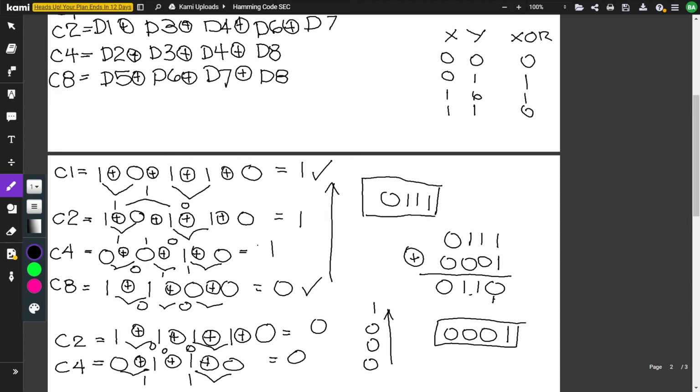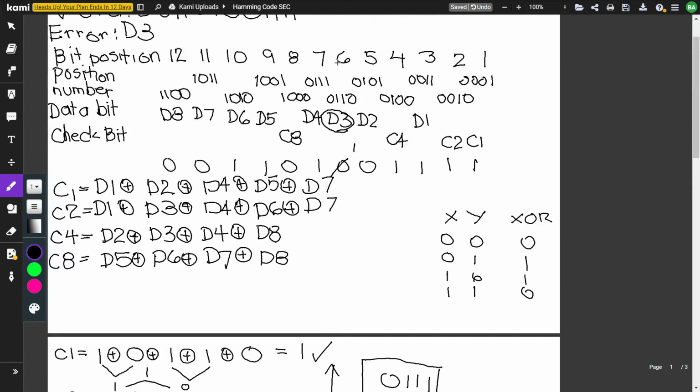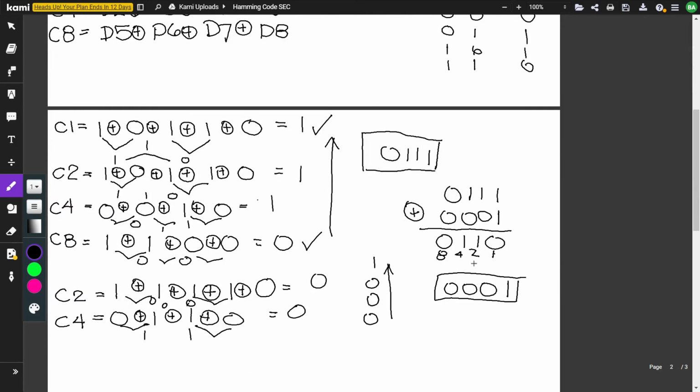So 1, 2, 4, 8. So 4 plus 2 is 6. So, is it correct? Yes, because the error happened in bit position number 6. So the error is in bit position 6.